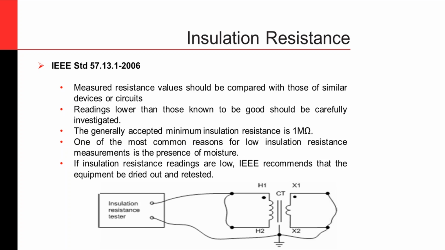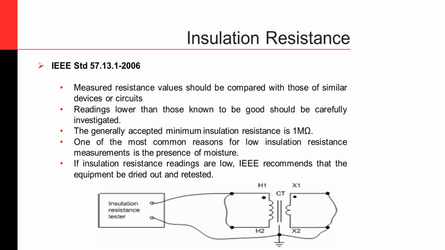Typically, you will apply either 500 volt or 1,000 volt, depending upon how much your CT can take. Again, I'm a relay application engineer, so first thing that pops to my mind is relays. So your voltage is at about, let's say, 1,000 volt, and your measured leakage current is very, very low.